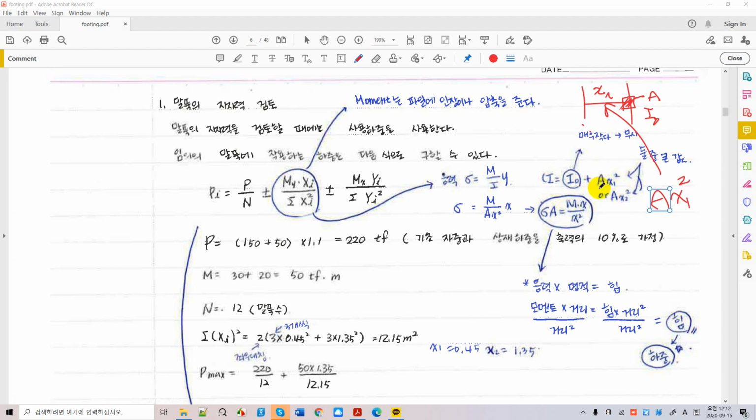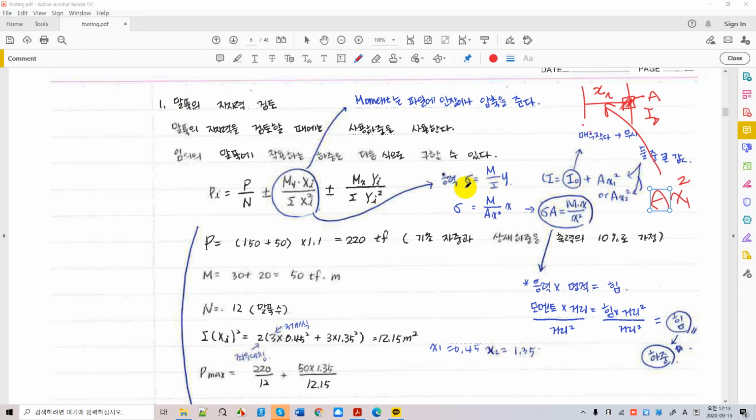Understanding this, if we multiply, I now becomes A x squared, right? And multiplying by A on both sides of the equation, the A's cancel on the right side.